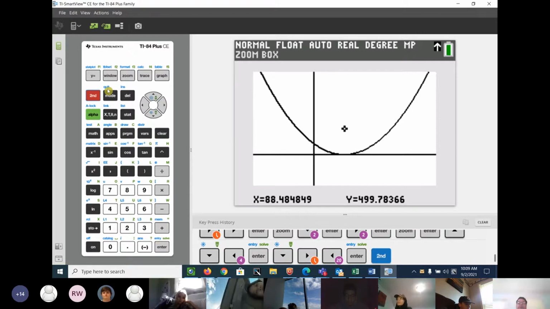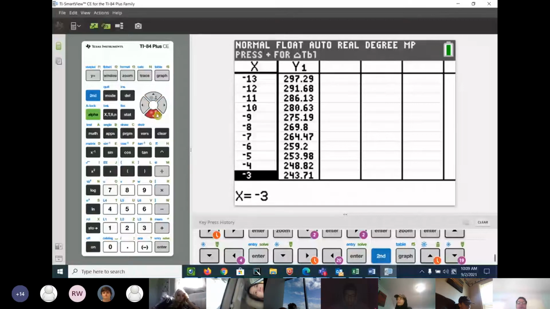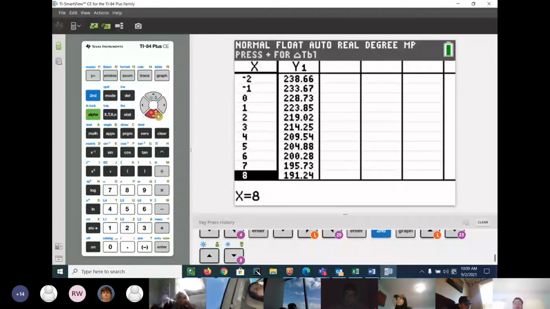And there's your X and Y values. Go to 0 because 0 should be the y-intercept. And there's 0. 0 should be 228.73. Yep. And everything from there is pretty much in the first quadrant. So now let's go see what they're asking for.